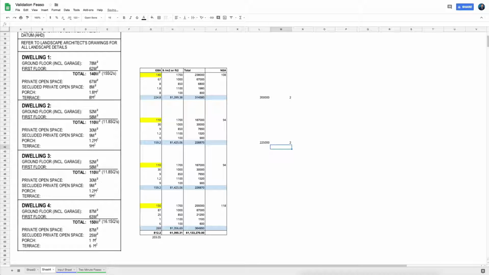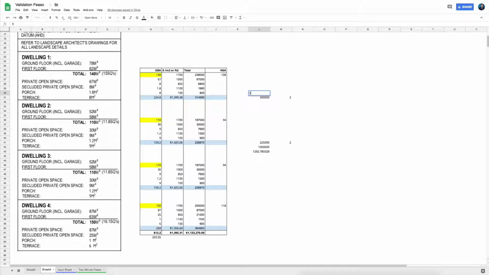And if you wanted to do a total of that, you could do 2 times the sum of that and that. So that way you get a million. And then you divide the same million by the total built area to be able to get that. And that is also fine.